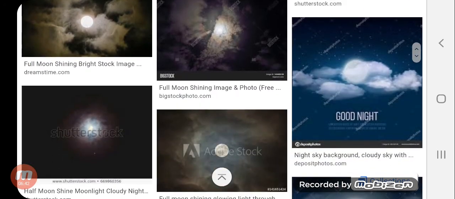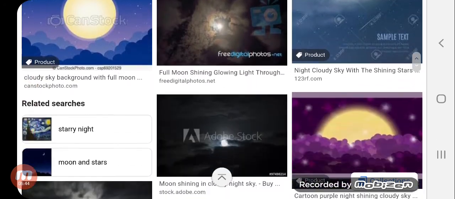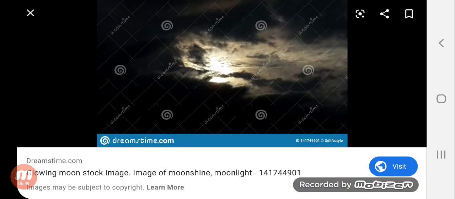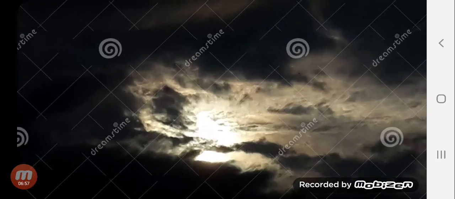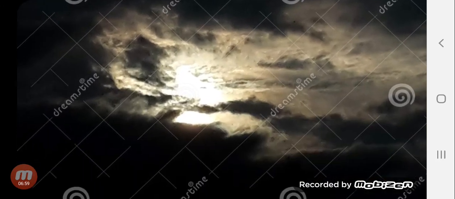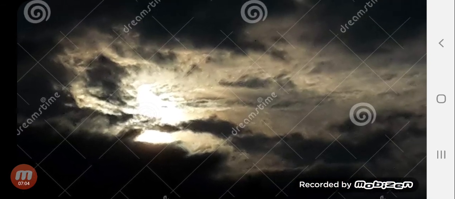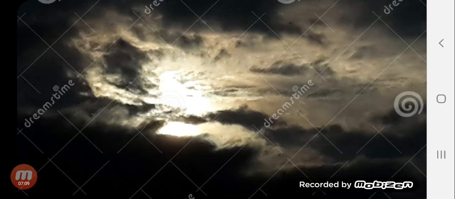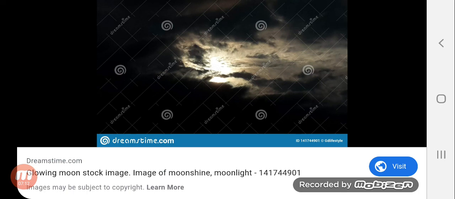And as usual, when it comes to Google, we mostly get CGI images, but once in a while you have these real pictures showing how the clouds, this one you can't even tell if it's the moon or if it's the sun, and they have taken down the levels.